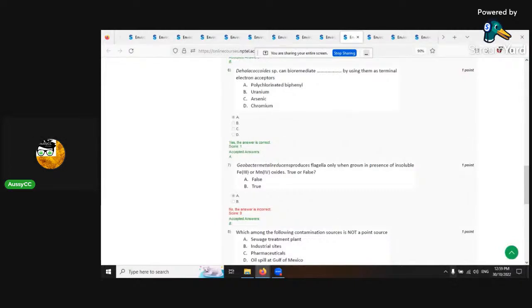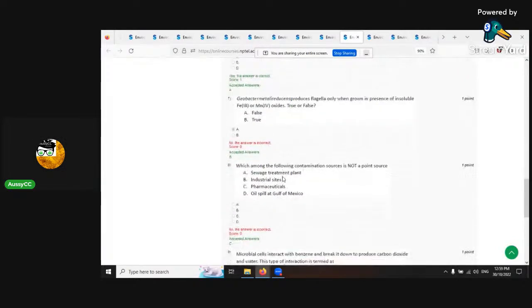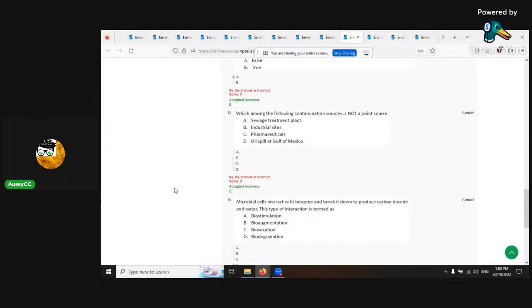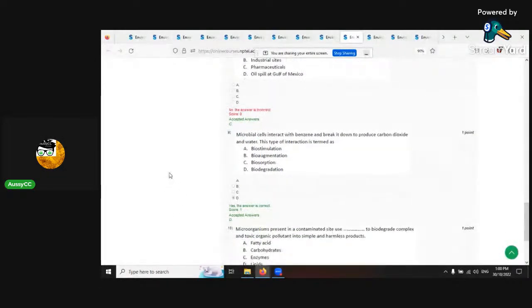Everything else comes from the point. Microbial cells interact with benzene and break it down to produce carbon dioxide and water. This is a not stimulating all that, or absorbing it, it is degrading it. Microorganisms present in contaminated sites use something to break down stuff, enzymes.